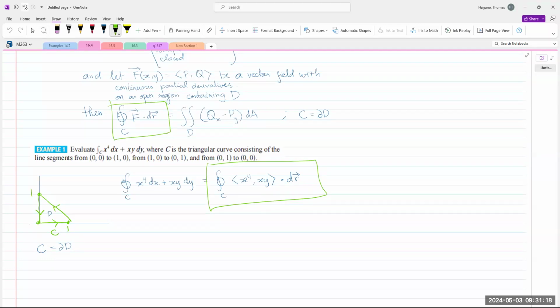In other words, our vector field F is (x to the fourth, xy).